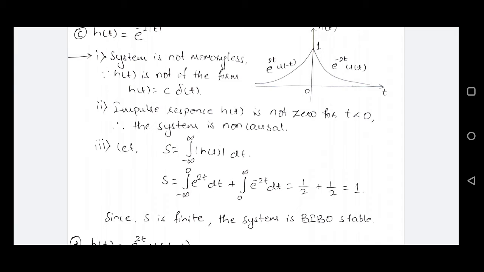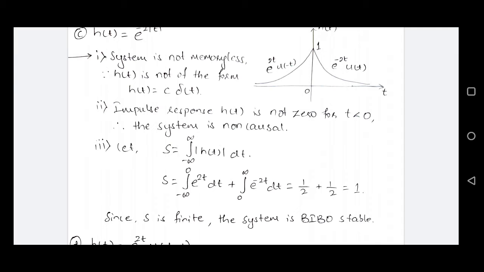So integration from minus infinity to 0 of e to the power 2t dt, plus integration from 0 to infinity of e to the power minus 2t dt. If we simplify this, we'll get half plus half, which is equal to 1.